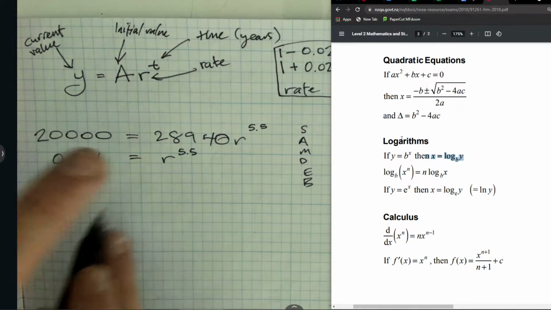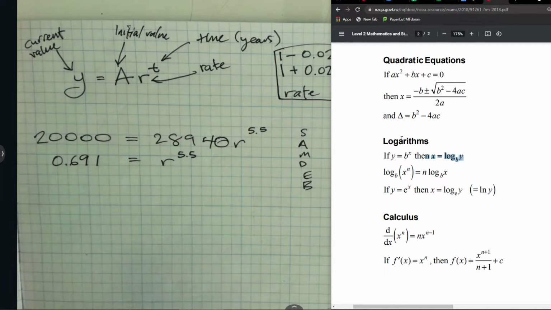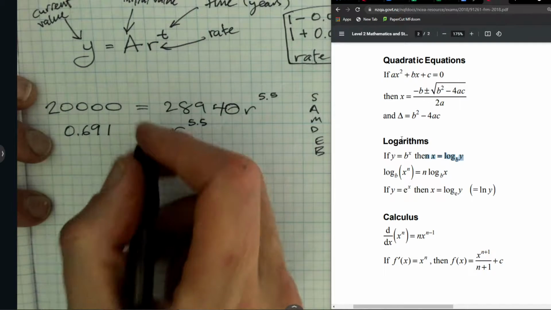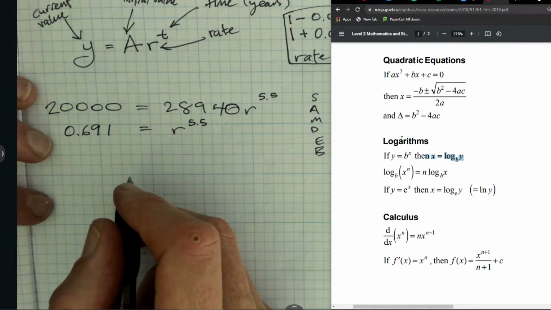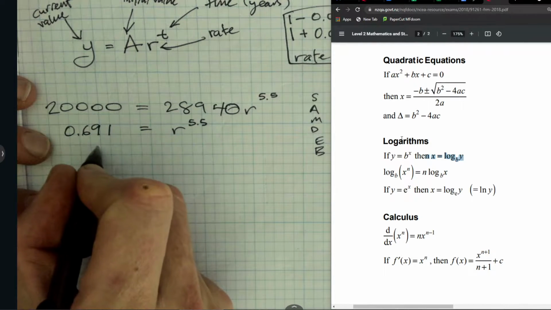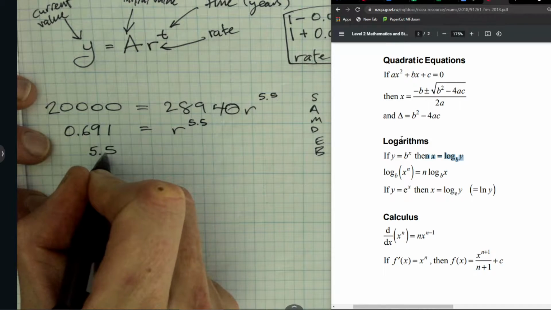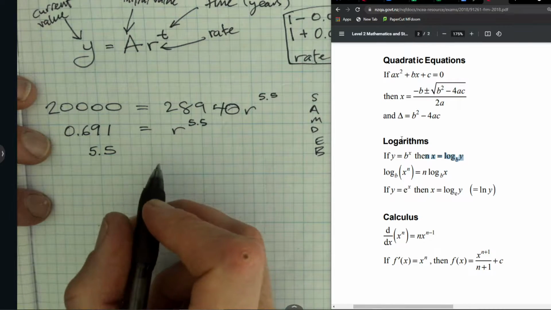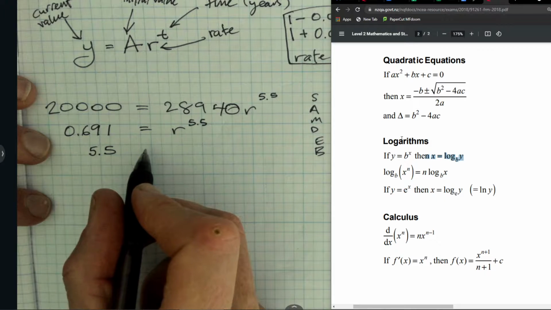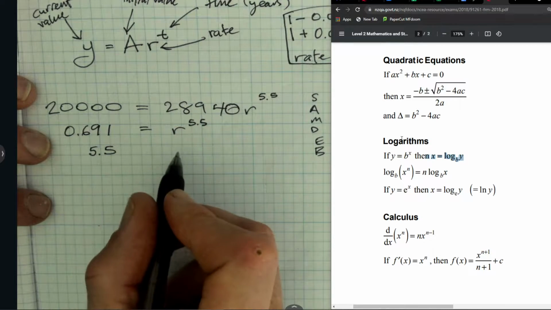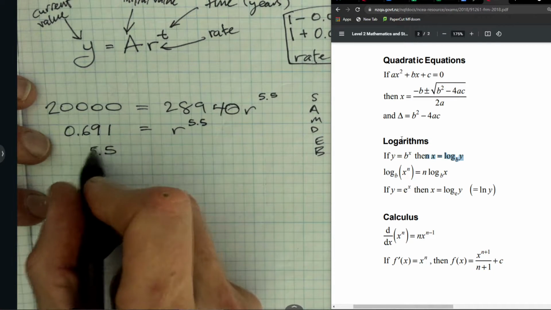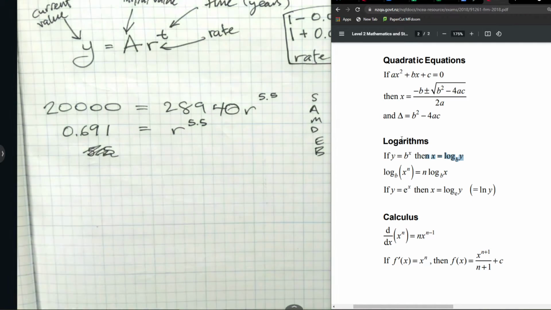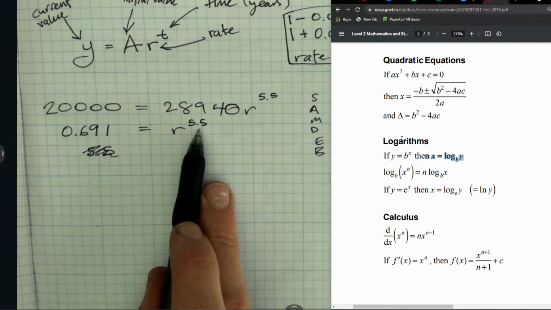Normally I do logs the other way, so I would shift it over and then do all my rearranging, but I'm going to try and use their formula today. So the power, 5.5, is going to be equal to log base r. Oop, no, that's not going to help at all. We're going to have to find a more clever way to do this.